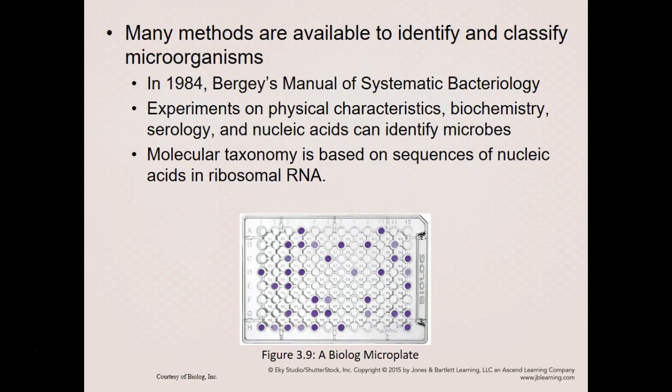We initially use the structure of the organism. We run tests to identify the shape of the organism. But once we have that, we can use biochemical testing and genetic testing to help us to identify the organism down to its actual species.